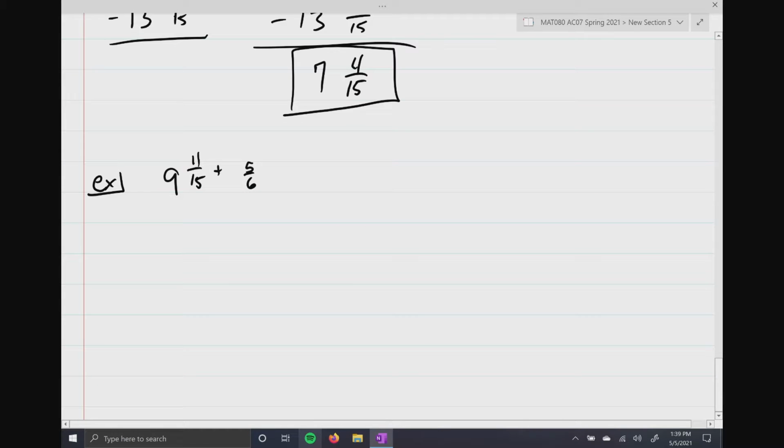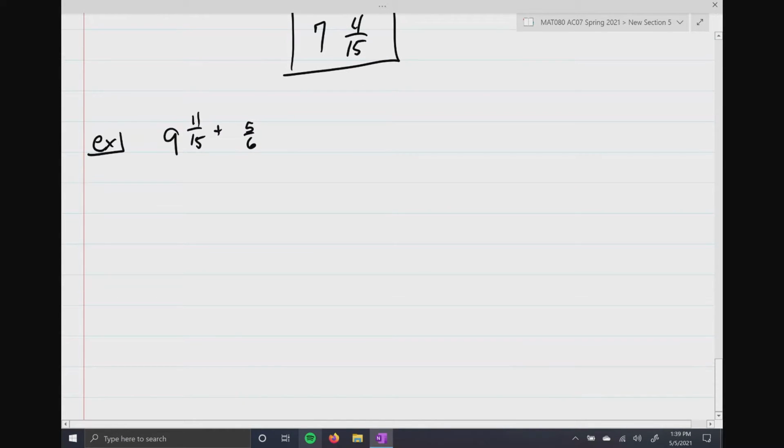I mean, first thing I would do is stack them on top of each other. That's what I would do. So, 9 and 11/15 plus 5/6. Now, I know I can't add them. I need a common denominator. So I know I'm going to build some equivalent fractions.